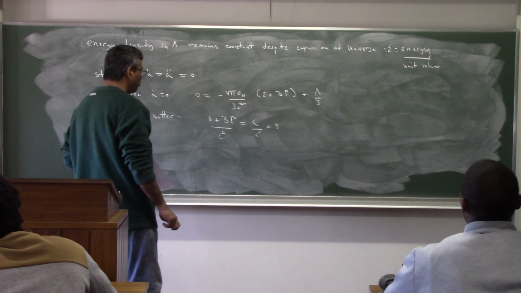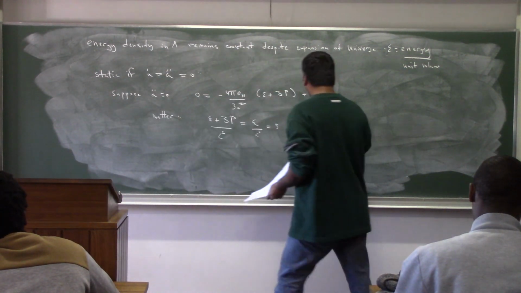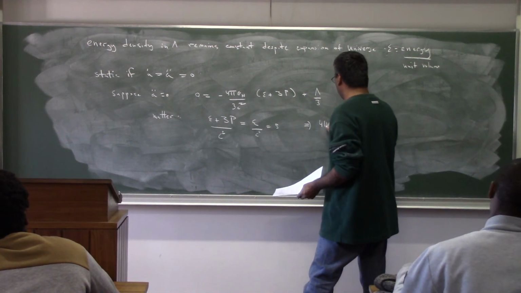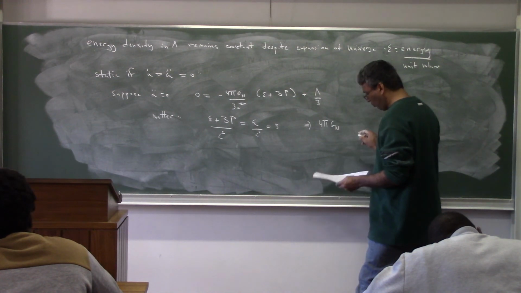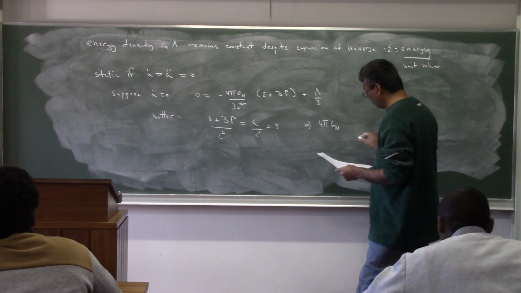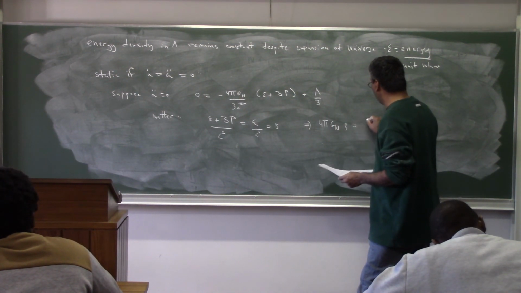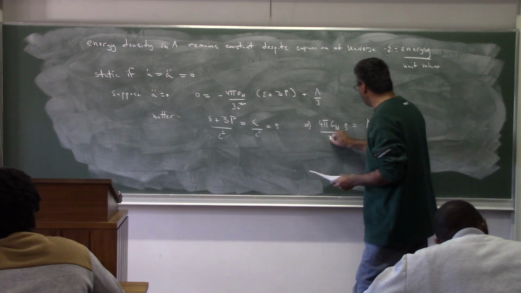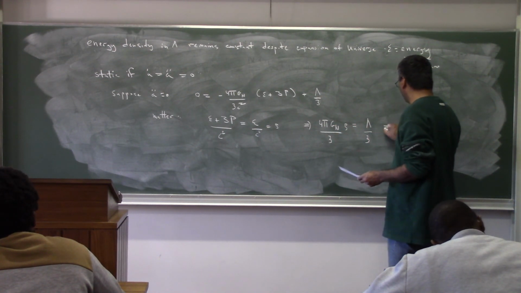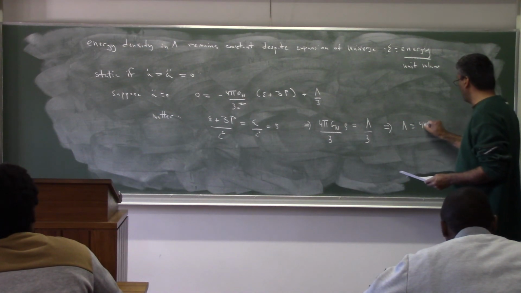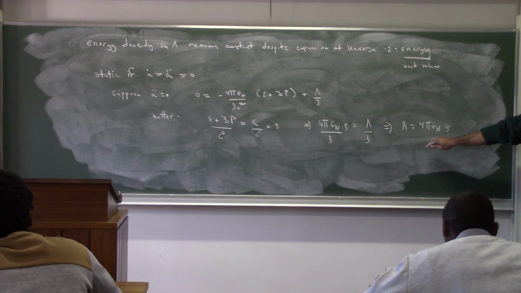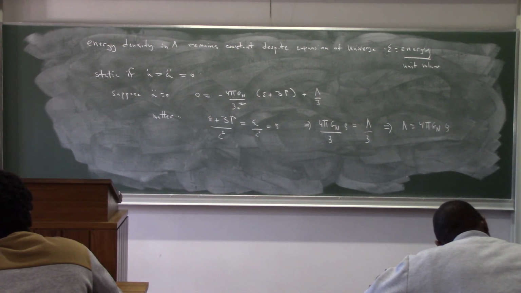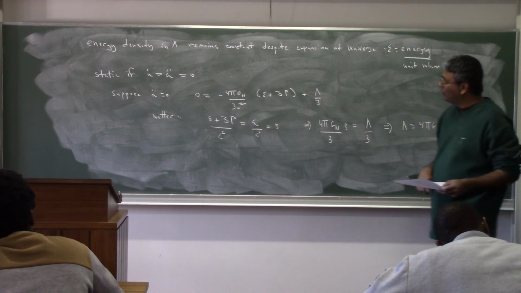So this tells us that 4 pi G Newton over 3 times rho equals lambda over 3, or lambda is 4 pi G Newton rho, which is what we were claiming initially, in order to have no acceleration.